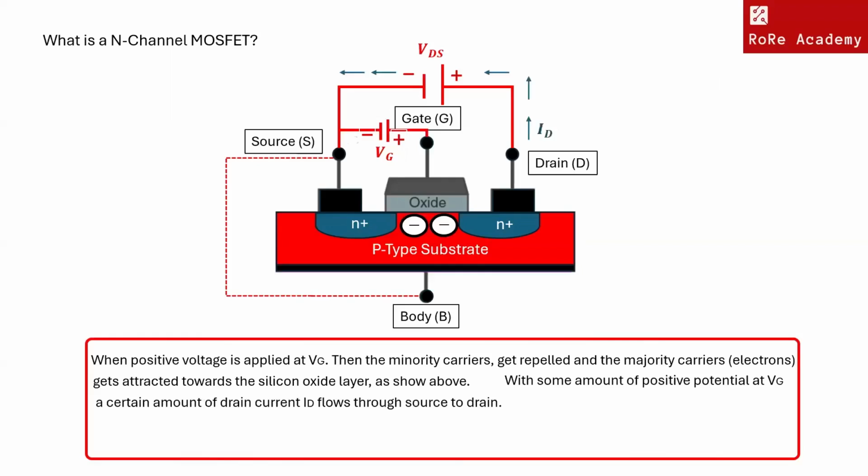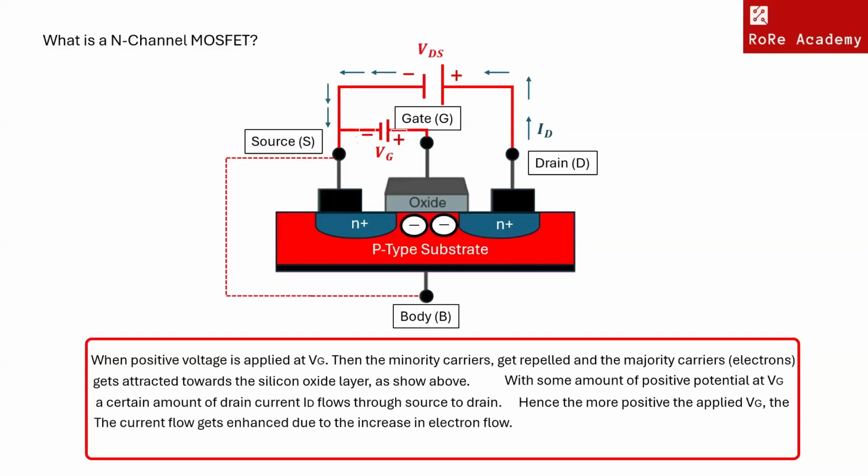When this positive potential is further increased, the current ID increases due to the flow of electrons from source, and these are pushed further due to the voltage applied at VG. Hence, the more positive the applied VG, the more the value of drain current ID will be. The current flow gets enhanced due to the increase in electron flow better than in depletion mode. Hence, this mode is termed as enhanced mode MOSFET.